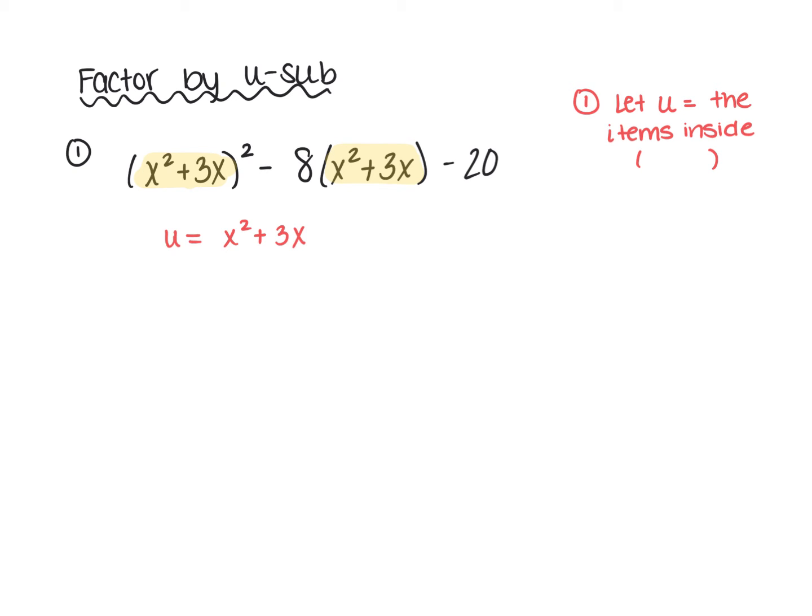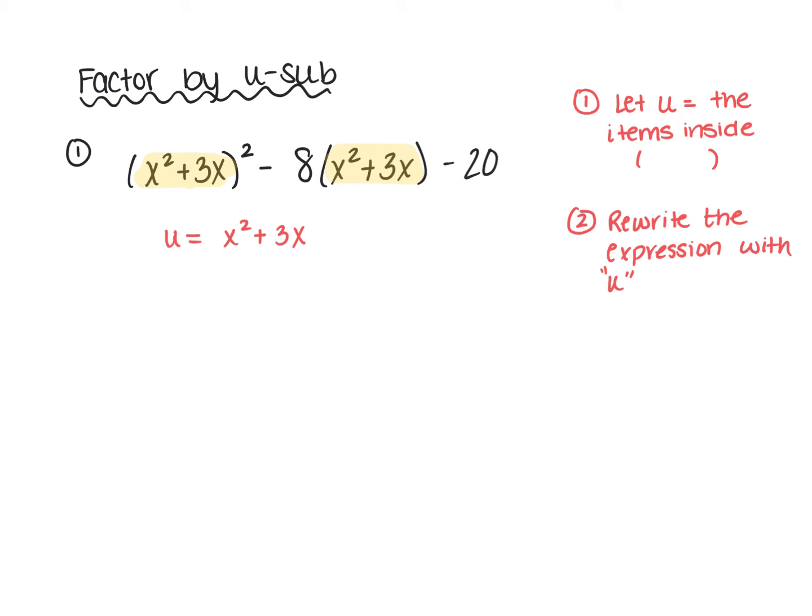And then step two, we're going to rewrite the expression with u. So notice it's x squared plus 3x, which I made u. So u squared minus 8u minus 20.